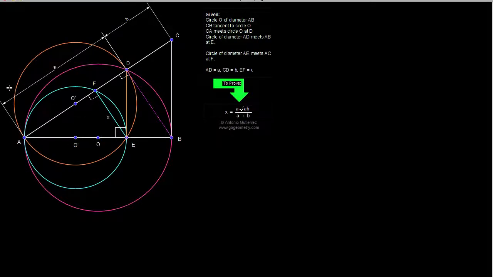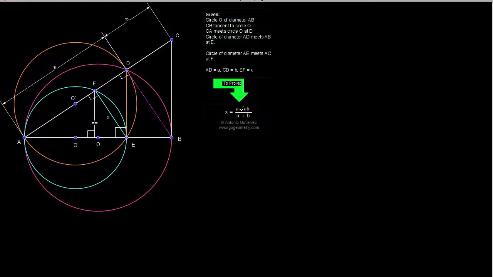I don't know if that will buy us anything. Let me draw that one right here. I'm going to drop the perpendicular from this down to here. My guess is I won't need that for anything, but we'll see. Because I drew this to be a perpendicular, I know this must be a right angle.